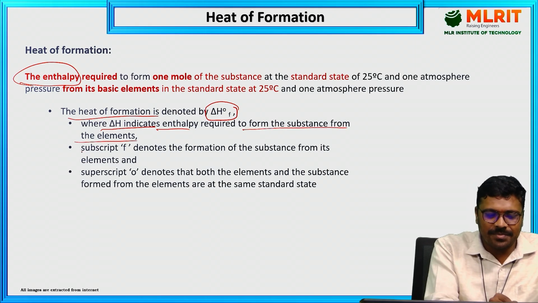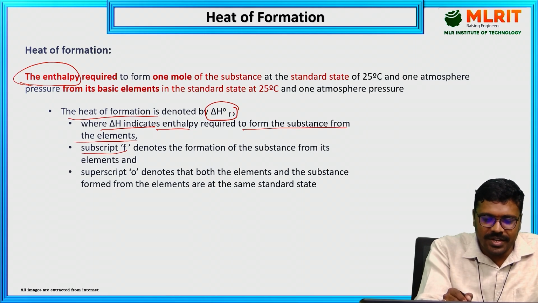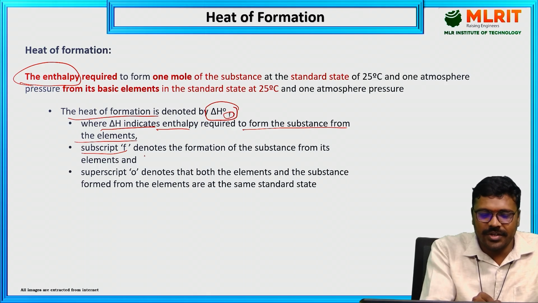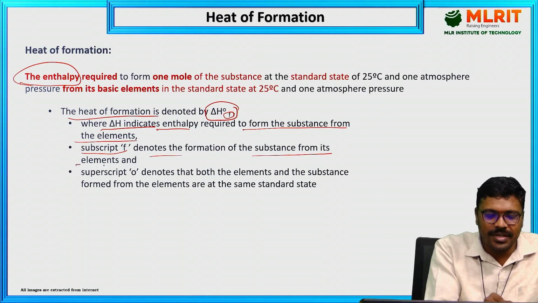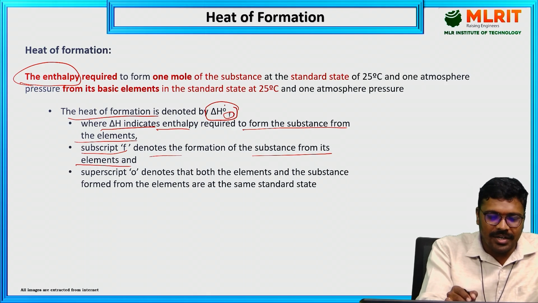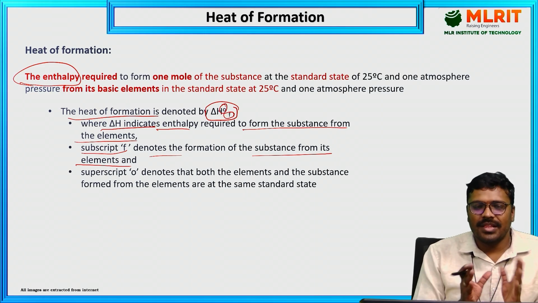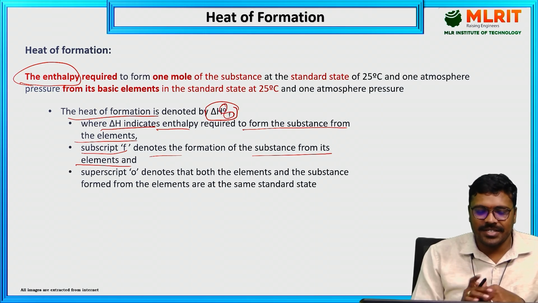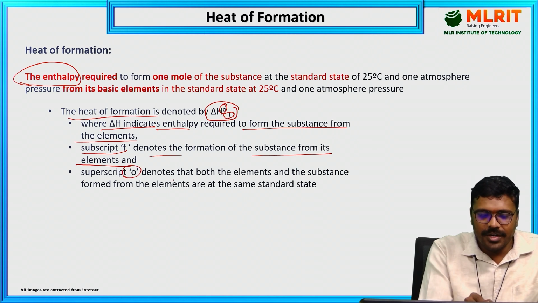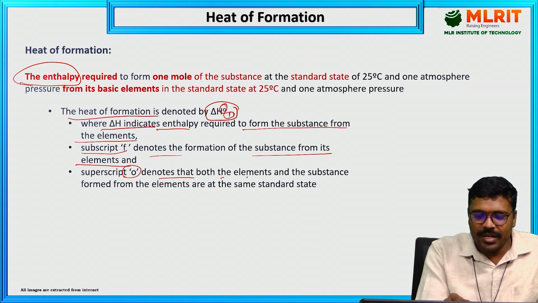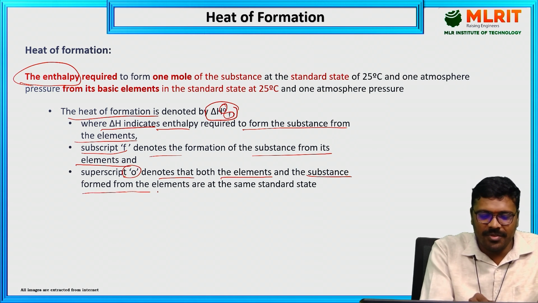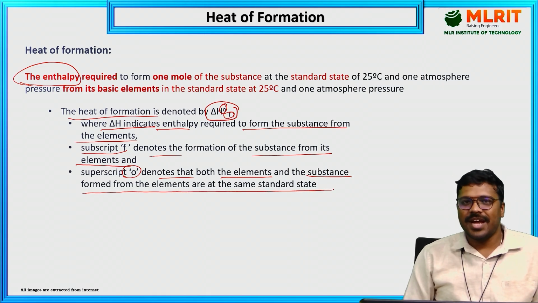The subscript F denotes the formation of the substance from its basic elements, and the superscript naught denotes that both the elements and the substance formed from the elements are at standard state.